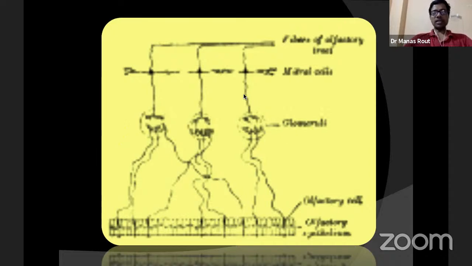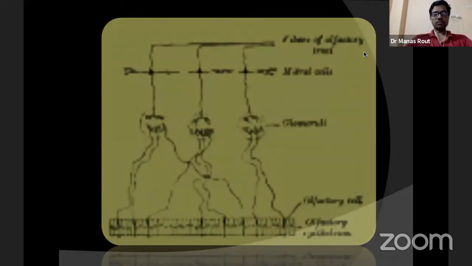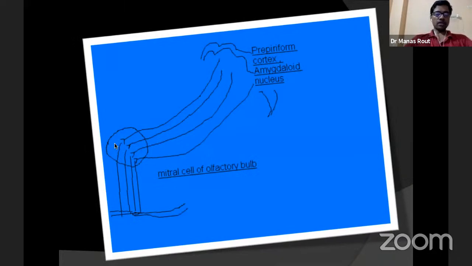The axons of the mitral cells go together, form the olfactory tract, and ultimately are represented in the olfactory areas, the prepiriform cortex and amygdala nucleus. So from here you can see the intracranial cavity, the olfactory bulb, the olfactory tract, and ultimately the prepiriform cortex and amygdala nucleus, from the mitral cell of the olfactory bulb.